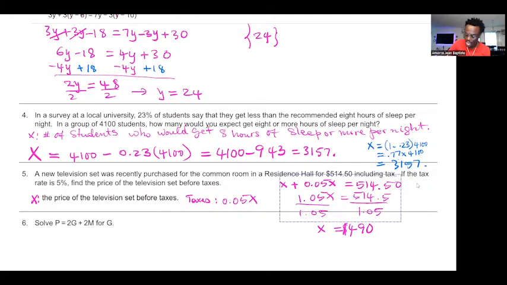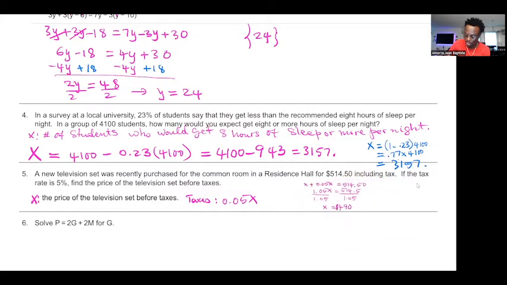before tax. And now my question, I may ask it on the test too. After a problem like this, I may ask you, so what was the amount of tax this person paid for this TV? So the price of the TV before tax was $490. So what was the tax?